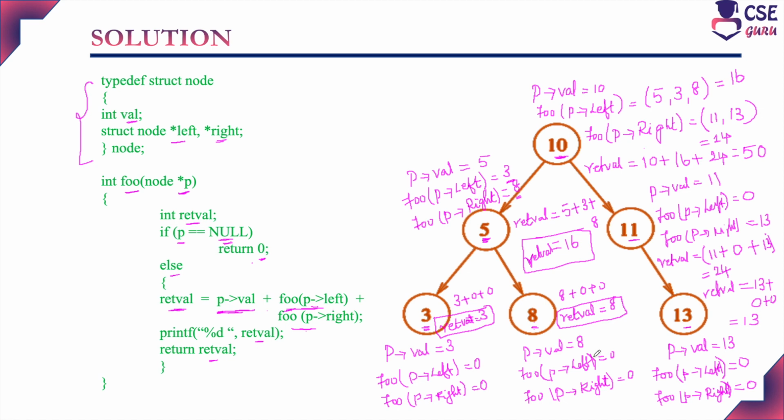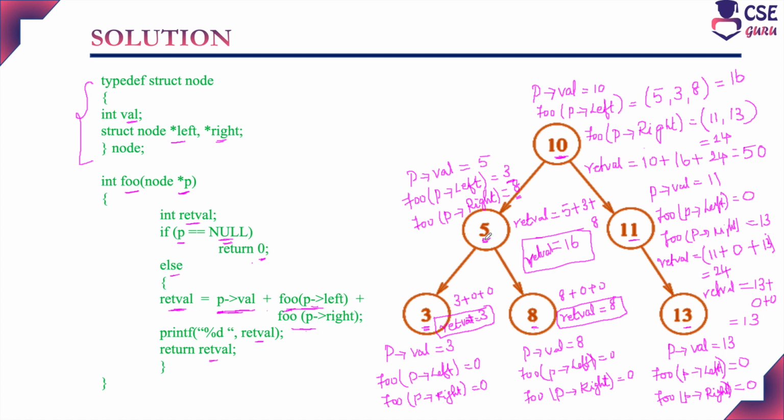And here we need to understand which order it will print. So if you are considering the root node 10, its P value is 10, and we have to implement the foo function for its left child. Similarly, for its right child, we don't know the result actually. So to find its left child, it will move towards left first and implement the foo function for the left child.